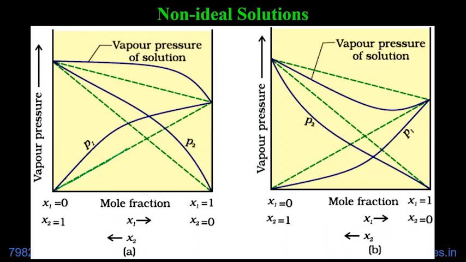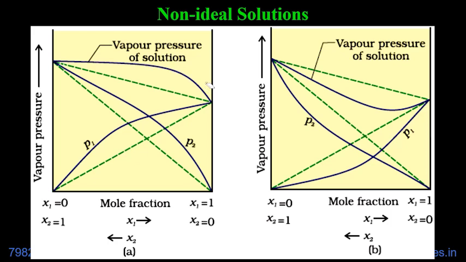I'm showing this one green line, this one is a green line, and this one is a green line. These show ideal behavior. But the blue lines are actually non-ideal behavior.